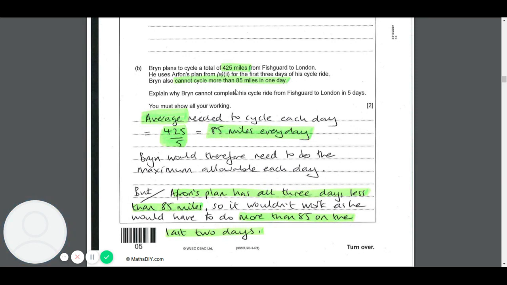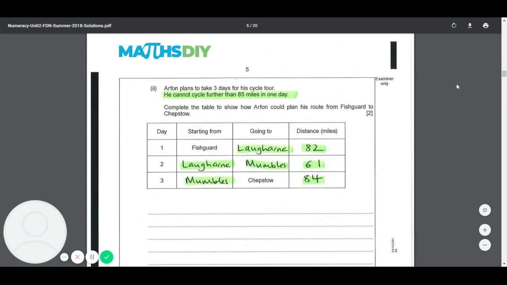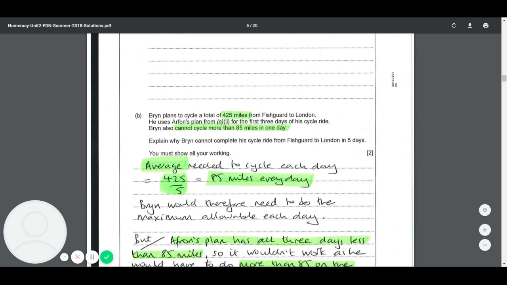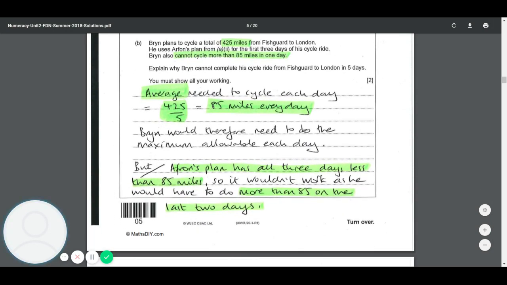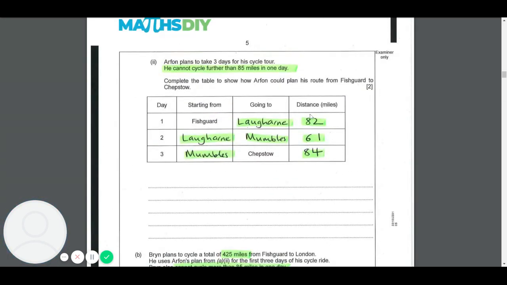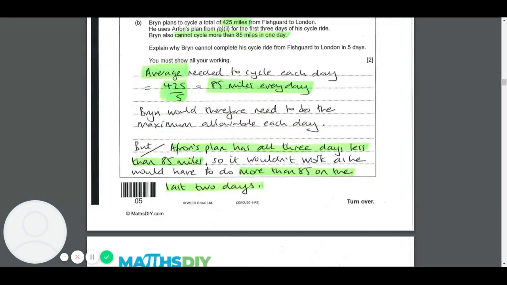But when you have a look at the plan, we're not going exactly 85 miles. I mean, 1 day we're going 61 miles, which means that those extra last 2 days, you've got too many miles left over to stick to that limit. So any sort of explanation like that. Another way you could have done it was, let's take these off 425, and then whatever's left, divide that by 2 and show that that's bigger than 85.